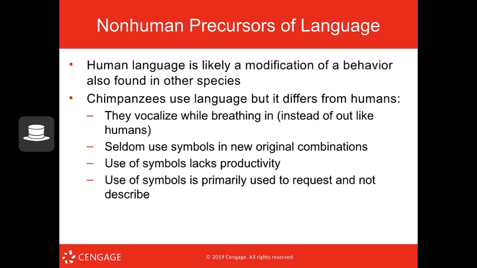So when you have a young child, 1 or 2, as they start to say words, they're saying words with intent. So if they say mama or baba, then they're saying that they want that thing, right? They're not just saying, hey, look, there's my mom, and hey, look, there's a bottle. That comes later. So they're using language to request and not to describe, similar to what chimpanzees do.